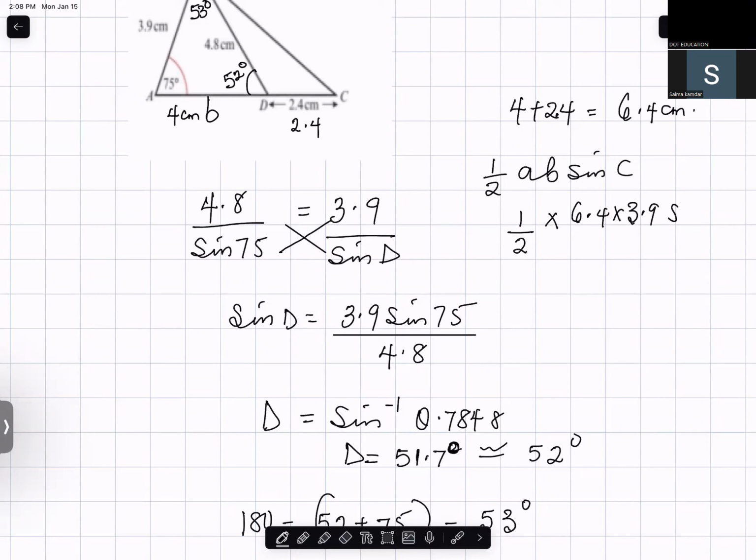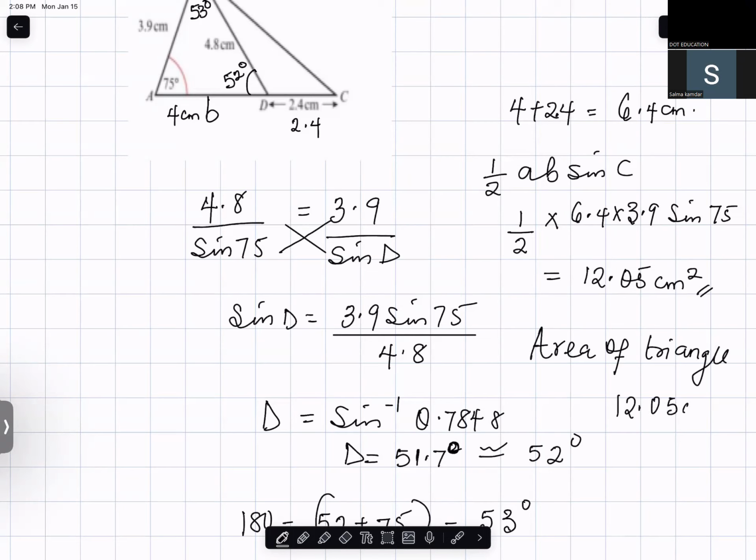I'll take my sine of angle, sine 75 degrees, which gives us 12.05 cm squared. So the area of our triangle is 12.05 cm squared.